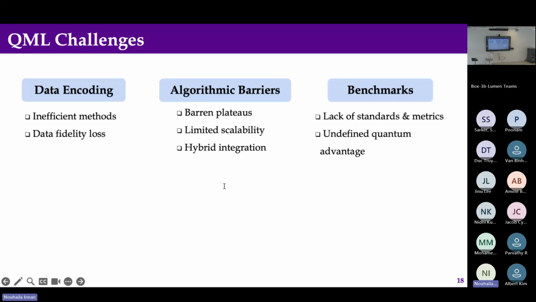Then another important challenge, which is benchmarks. We don't have a standard and metrics like classical. For example, if you go through some data sets, just MNIST or medical MNIST, you will find there are plenty of models and there is the accuracy, precision, and different ones. In quantum, this is missing, I would say.